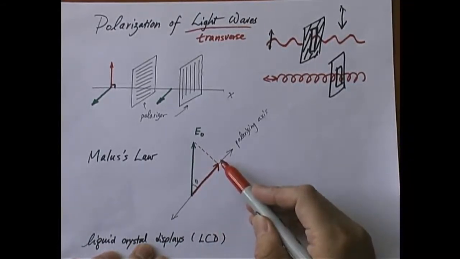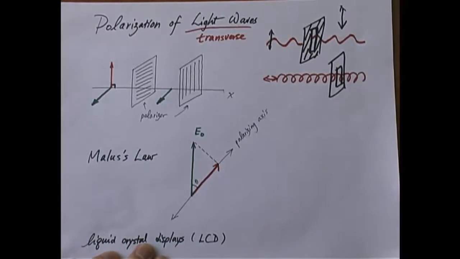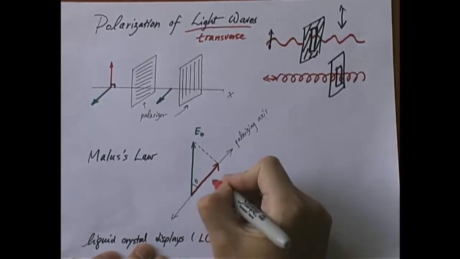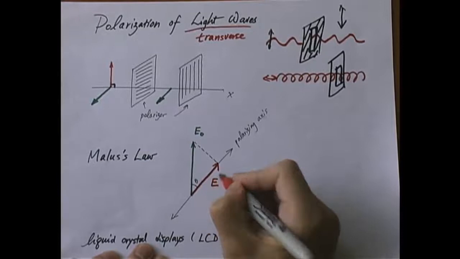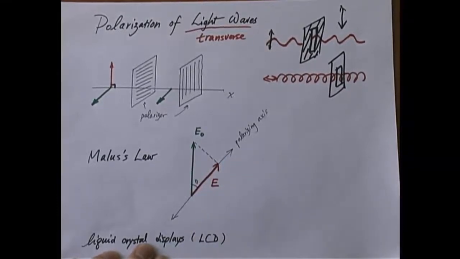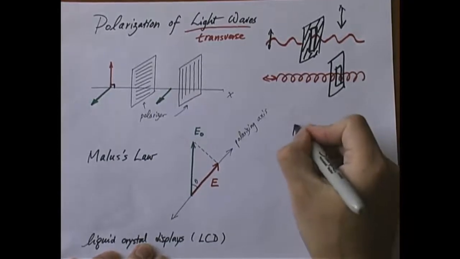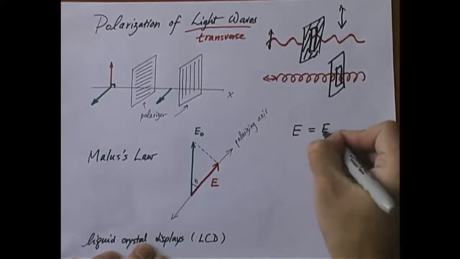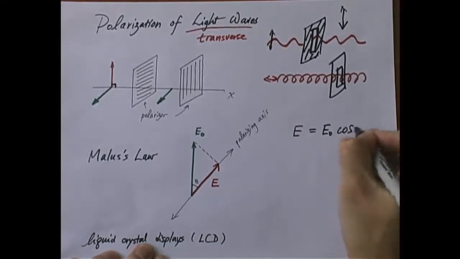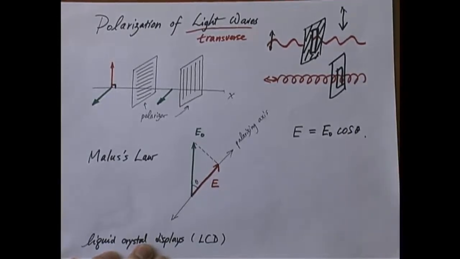It cannot go through. Therefore, after the polarizer, the electric field has a magnitude E, which is related to E naught. You can easily see from this diagram that E equals E naught times cosine theta, right?